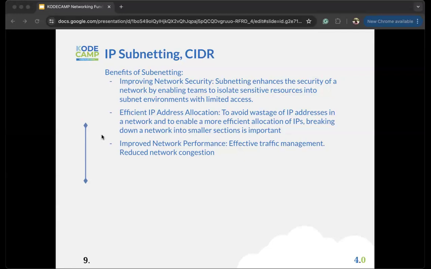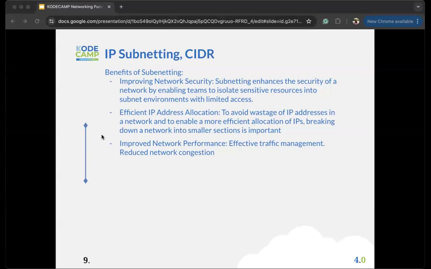So this is where subnetting comes in, and it's now important. So I can keep my front-end server in a subnet where users can have access to it, but the database will sit in a subnet where users will not have access to it.